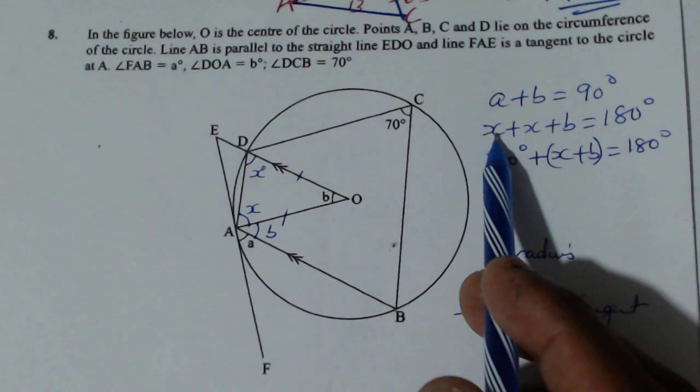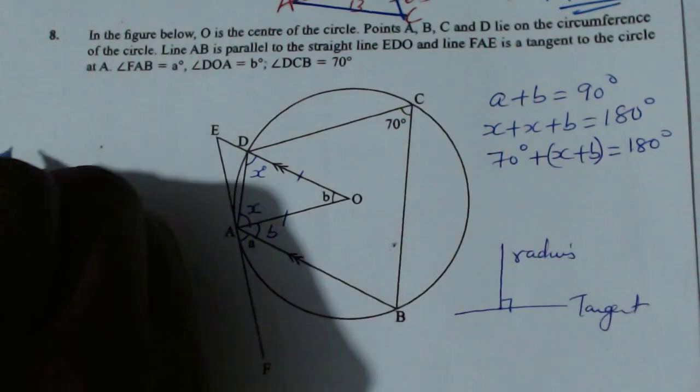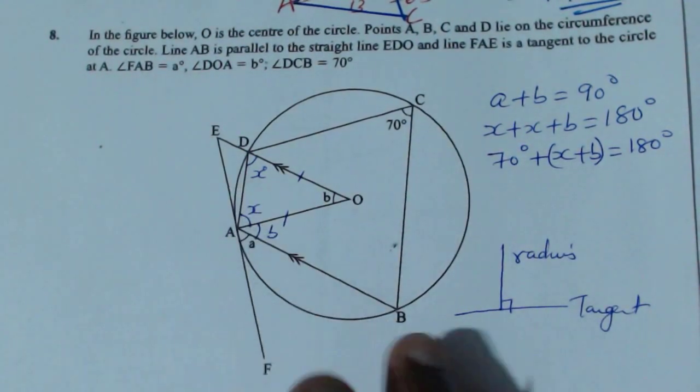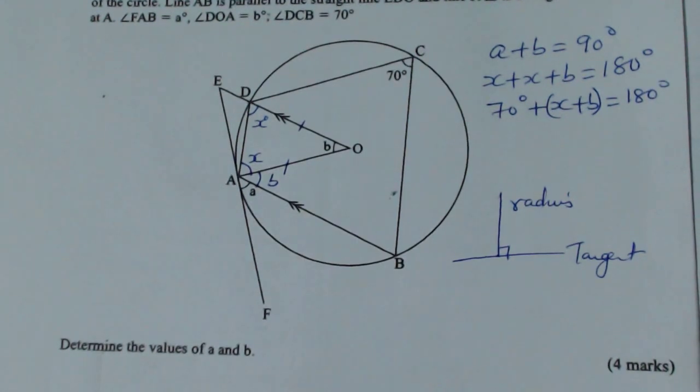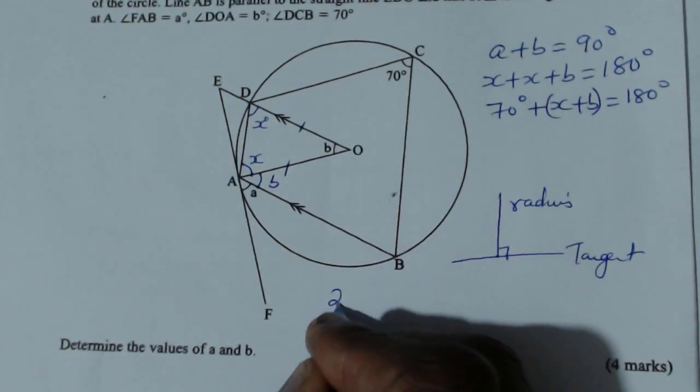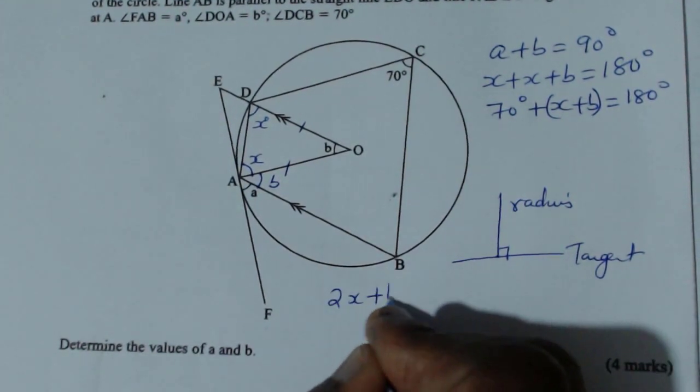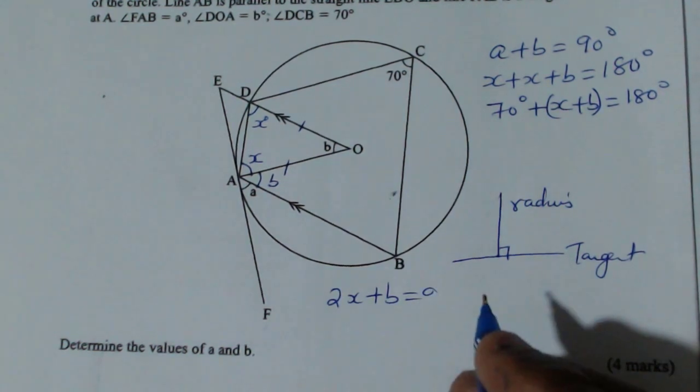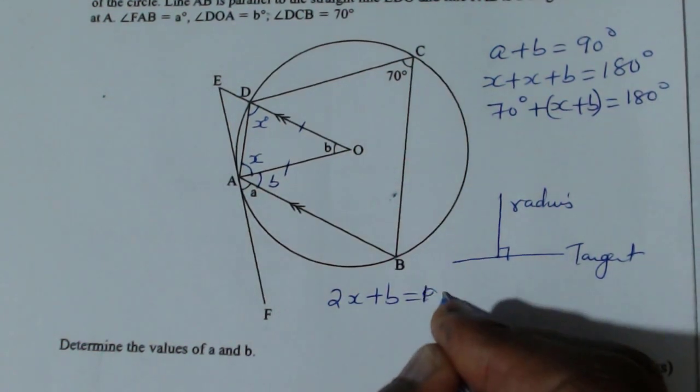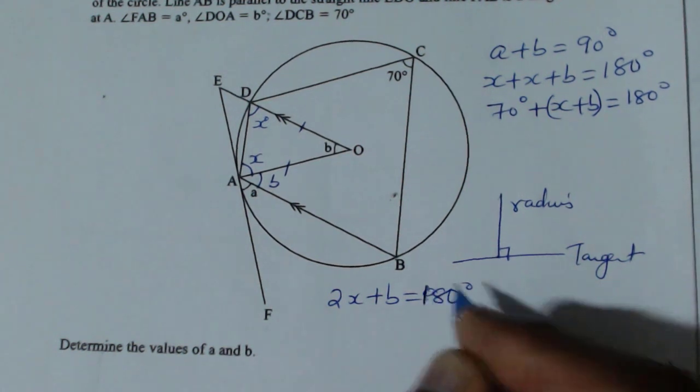So let me use these. From the triangle, you get 2x plus b is equal to 180 degrees.